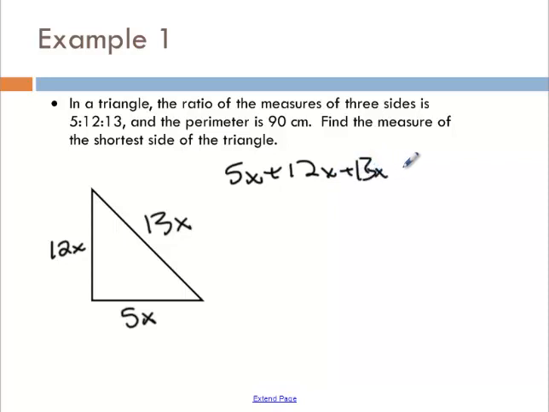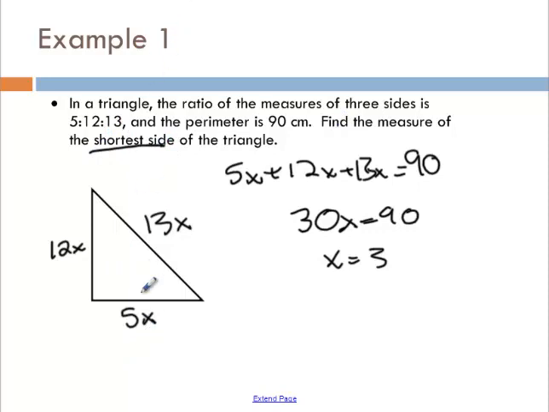This is one of the very few instances where you actually add the sides up and set them equal to 90, only because it says that's the perimeter. So 30x equals 90. x is 3. I need to find the measure of the shortest side. The shortest side has the smallest ratio, and 5 times 3 gets you 15.